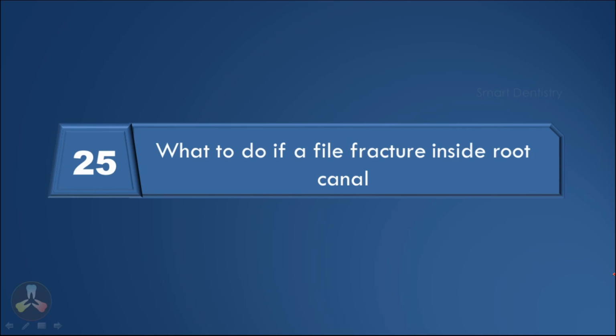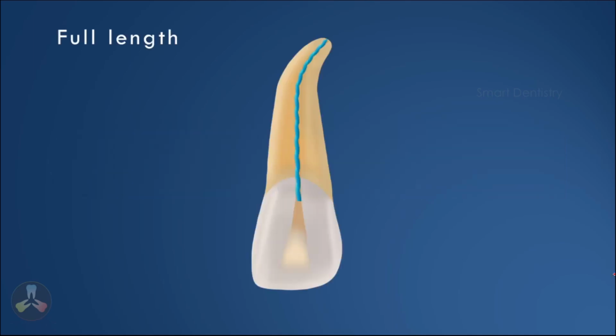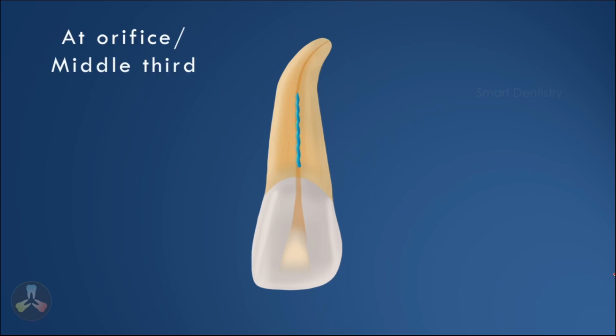There are certain scenarios where the file fracture happens frequently. In the first situation, there is a file fracture which is of full length, almost from the access till the apical end. In certain situations, at the orifice or in the middle third of the root canal, there will be a file breakage.